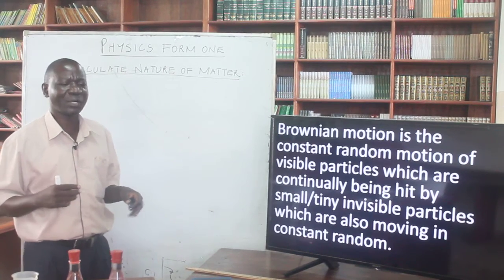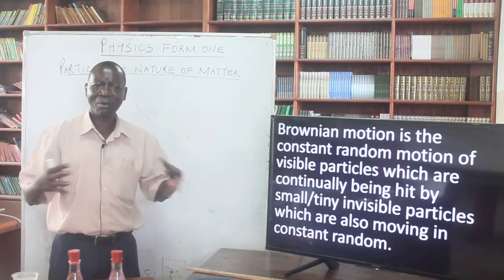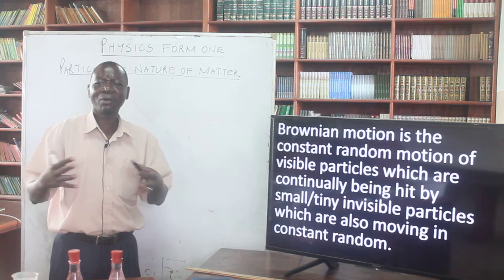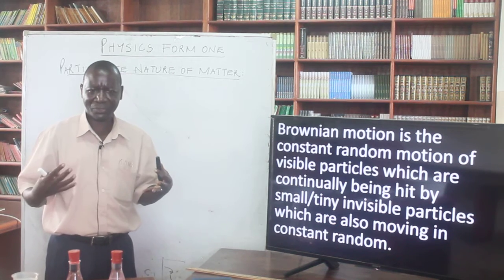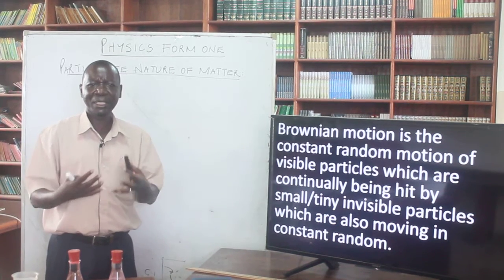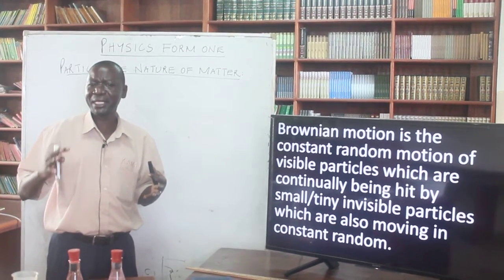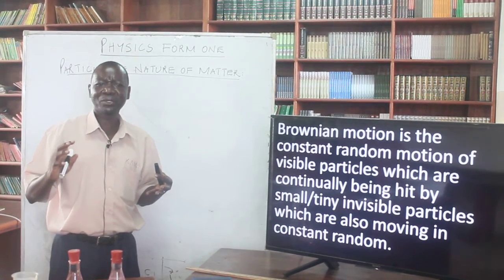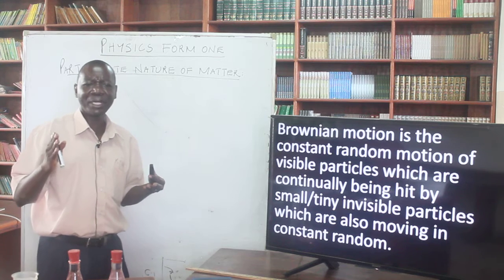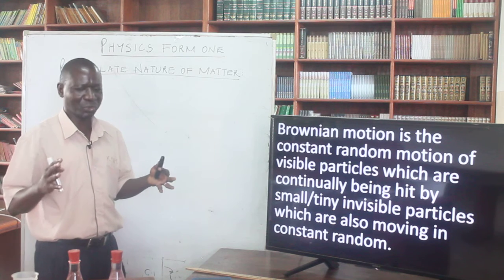Brownian motion is the constant random motion of visible particles which continually are being hit by tiny invisible particles which are also moving in a constant random motion.